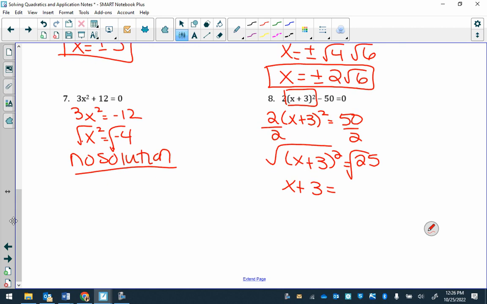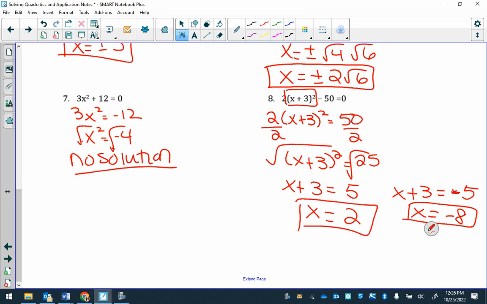5 and negative 5. So you have x plus 3 equals 5, and x plus 3 equals negative 5. So what are your two solutions? Good. Excellent. Okay. You can, however, you have to apply the sign to it.